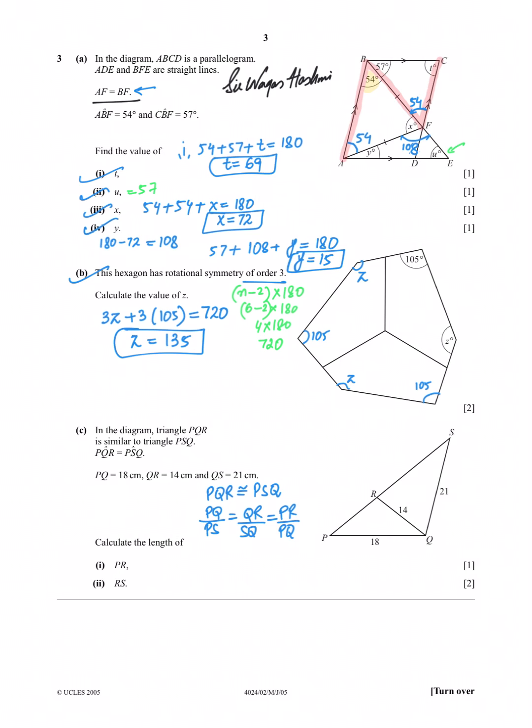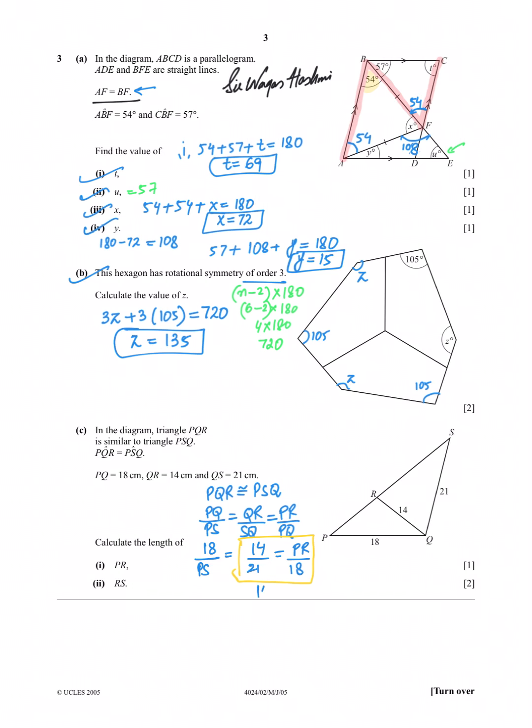So now substitute the values. The value of PQ we have is 18 divided by the value of PS we don't have, so I'm writing PS here. The value of QR is 14, and the value of SQ is 21. The value of PR we don't know yet, and the value of PQ is 18, right? So we got this expression, and by cross multiplication we can easily get the value of PR.